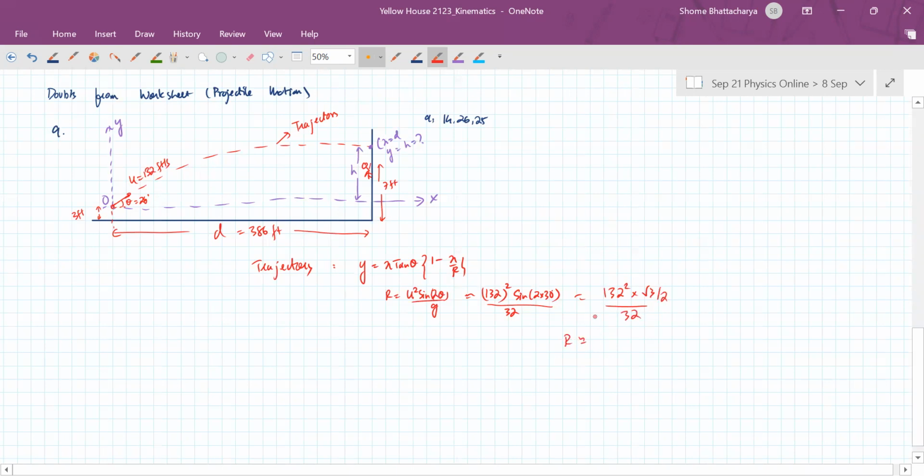So r will come out to be approximately 471 feet.